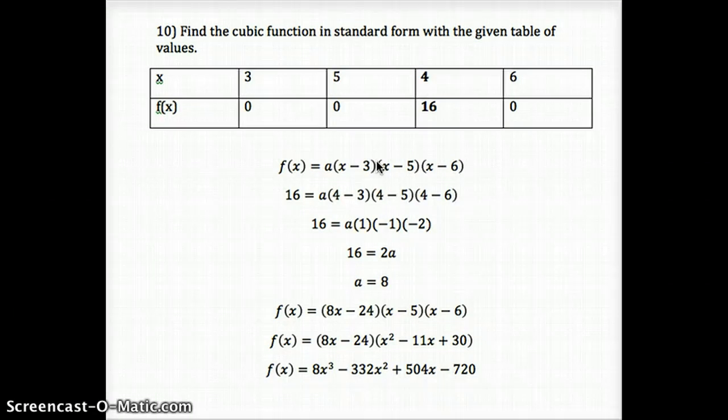And once you have that base equation down, you can input these values. So for all the x's, it's 4, and the y, it's 16. So you get 16 equals a times (4 minus 3) times (4 minus 5) times (4 minus 6), which then eventually gives you a equals 8.